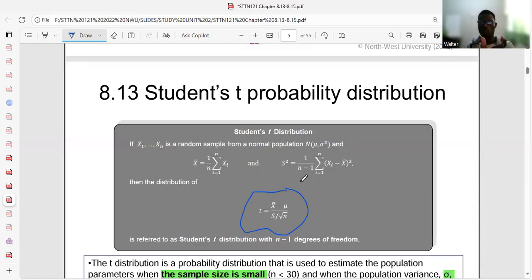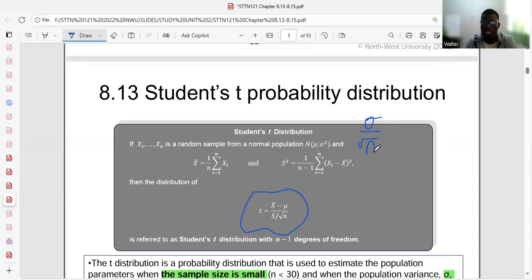When you compare this with the formula for the central limit theorem, the only difference is that in the other one you are given the population standard deviation, with a square root of n. But this one uses the sample standard deviation.